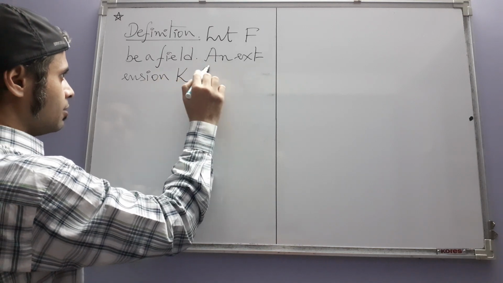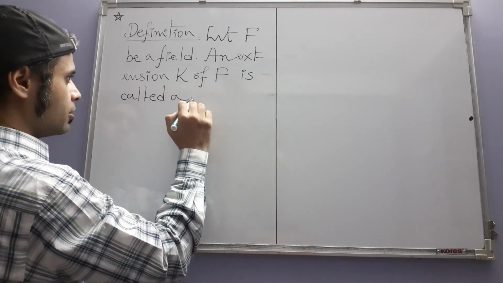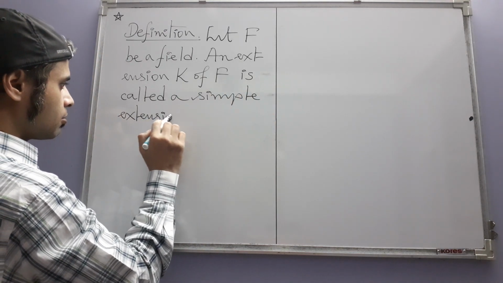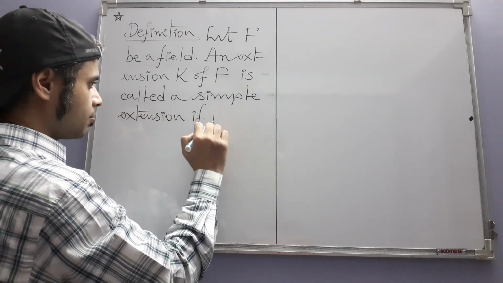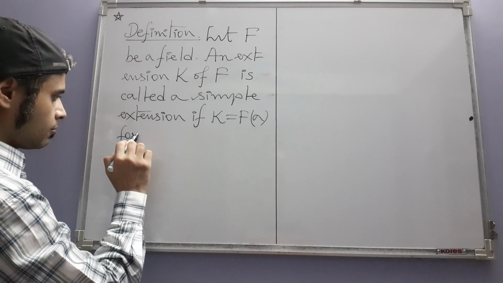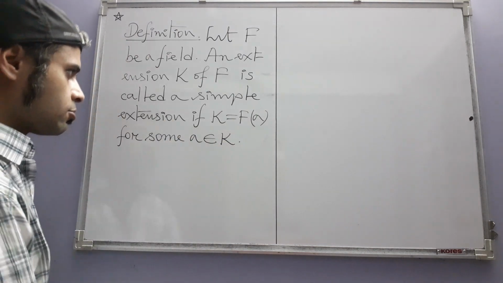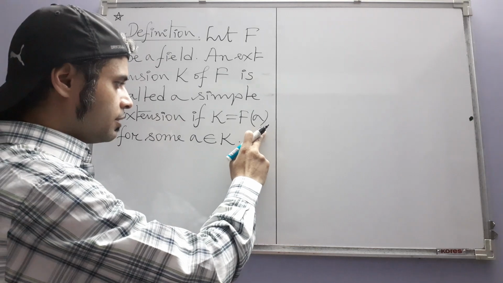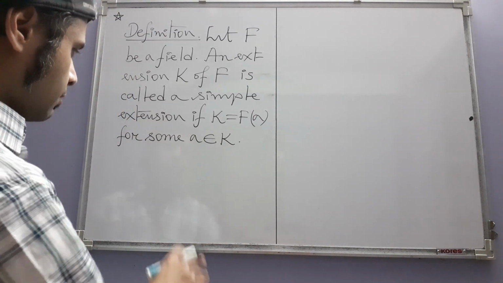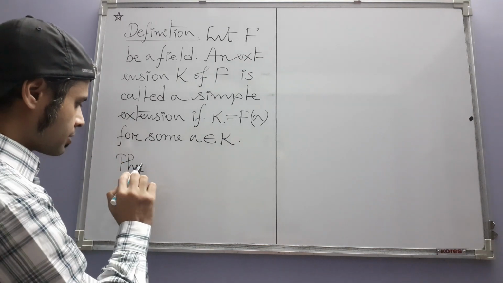An extension K of F is called a simple extension if K is equal to F(a) for some a in K. So if you get the extension by attaching a single element to the base field, then such an extension is called a simple extension.